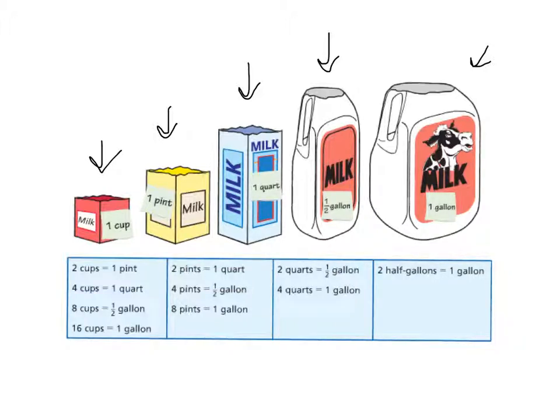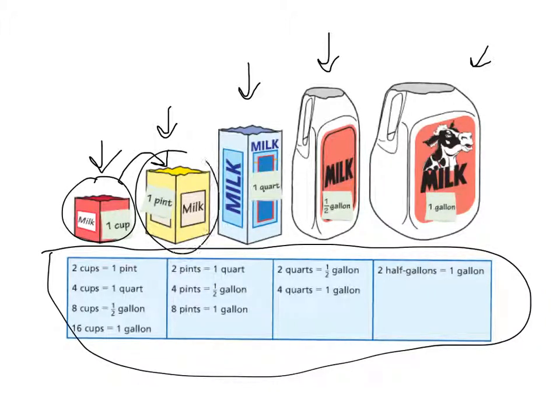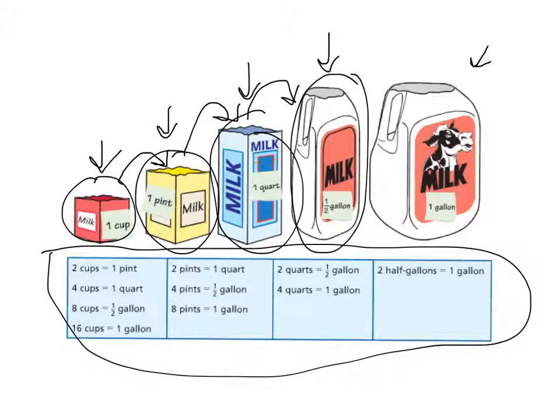Now, if you look down here, this tells you it takes 2 cups, so 2 of these, to equal 1 of these. It takes 2 of these to equal 1 of these. Okay? It takes 2 quarts to equal 1 half gallon. And then it takes 2 half gallons to equal a gallon.